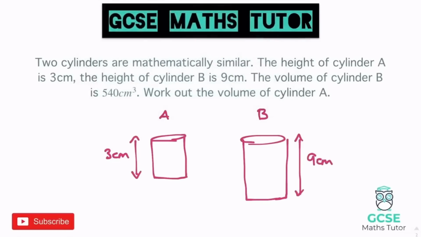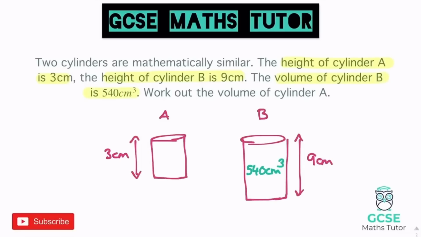It says 540 centimetre cubed for the volume of B there. Okay, just making sure you label that appropriately. It's always a good idea to highlight some of the information. Height of A is 3, height of B is 9, and then the volume of B is 540. And we're going to work out the volume of A.